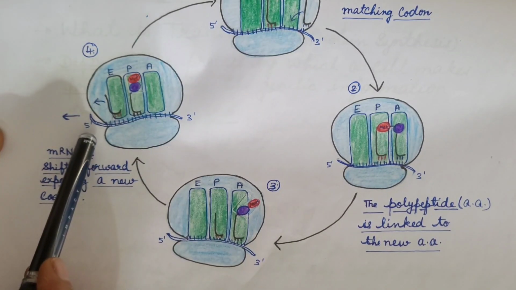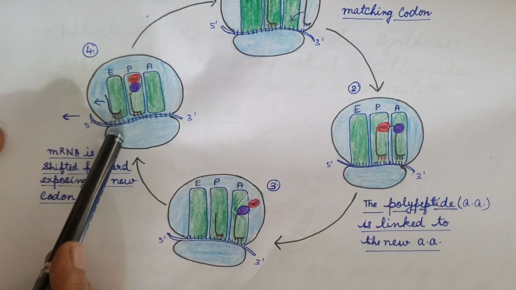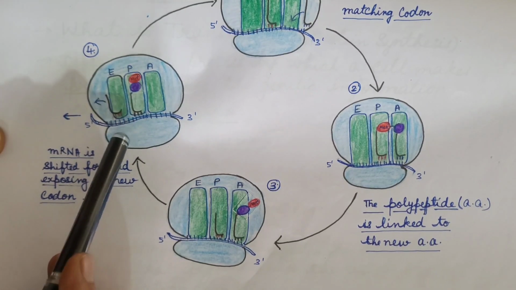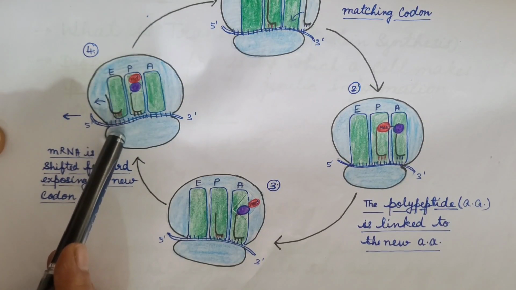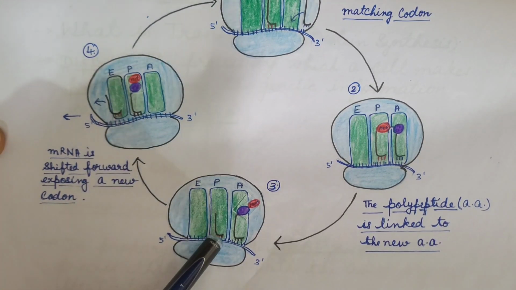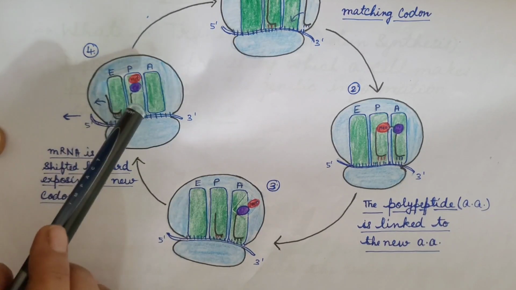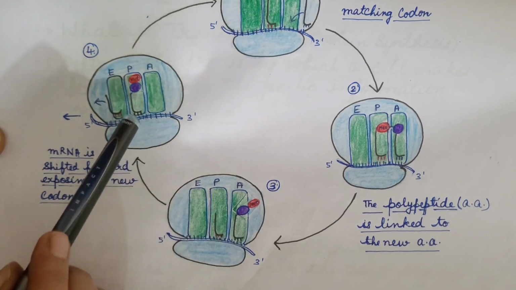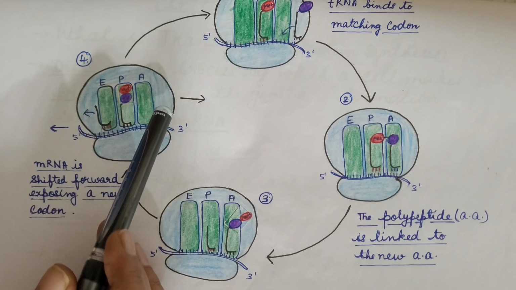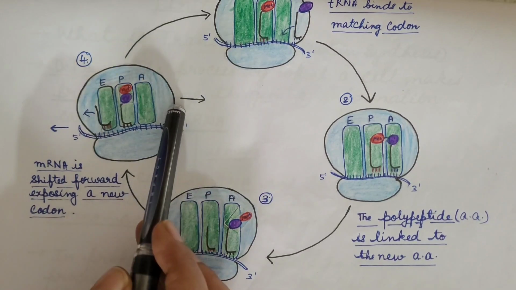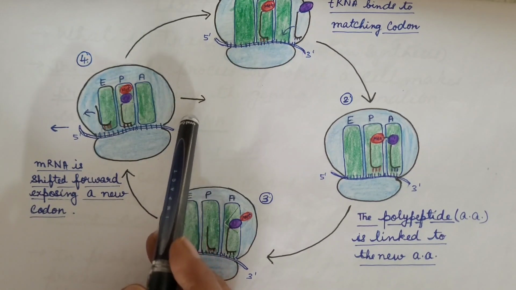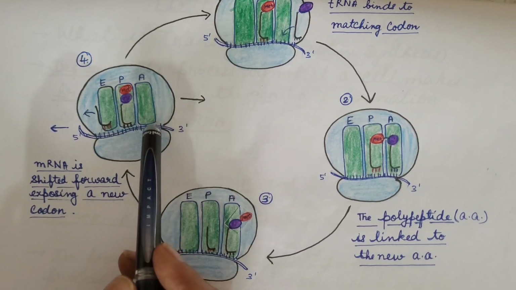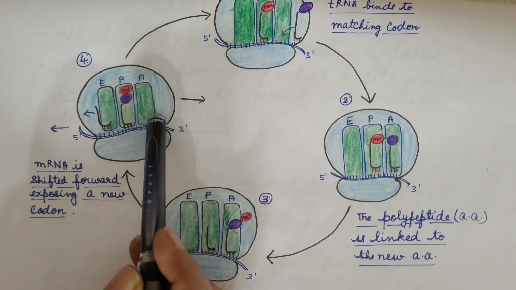Then the translocation process takes place and this is mediated by the EF-G and GTP, which is also known as translocase. So in this process, deacylated transfer RNA now moves from P site to E site. Dipeptidyl transfer RNA, which was present at the A site, moves to P site. The ribosome moves along the messenger RNA in the 5' to 3' direction by 3 nucleotides and places the next codon in the A site.